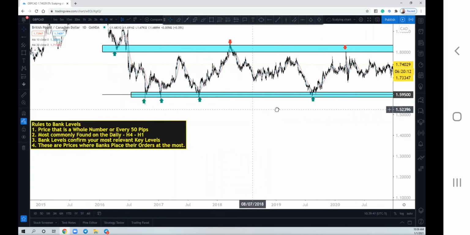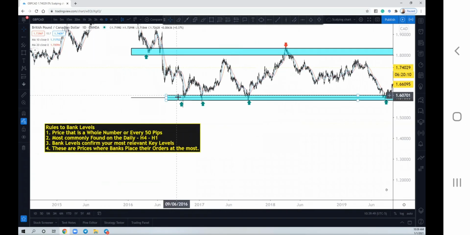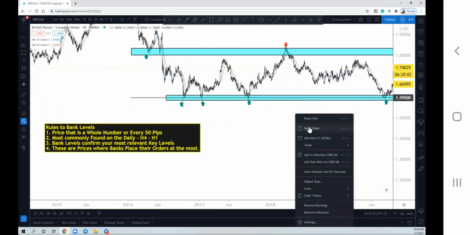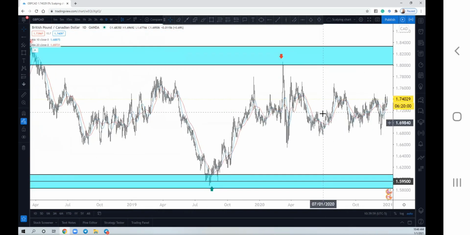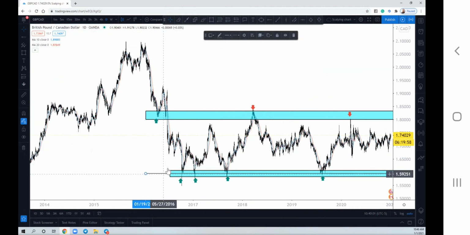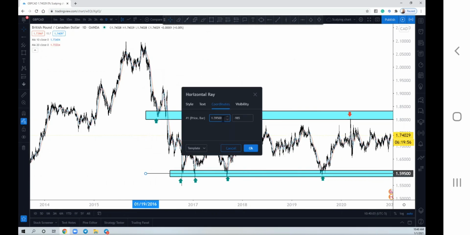So now you can see how, when it came to this price, it rejected. Now, the same thing could have gone with the whole number of 1.60 flat.